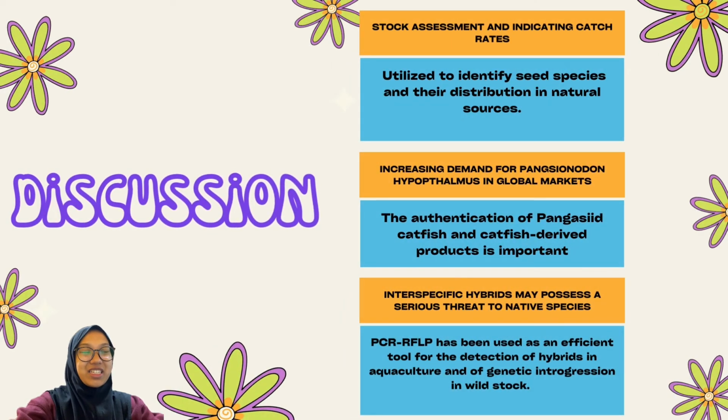As for discussion, species-specific PCR-RFLP markers were successfully developed for reliable species identification of 6 Pangasiid species consisting of Pangasianodon gigas, Pangasianodon hypophthalmus, Pangasius bocourti, Pangasius conchophilus, Pangasius larnaudii, and Pangasius sanitwongsei adults, and also larvae, by using restriction analysis of 16S rDNA with a minimum of 3 restriction enzymes.